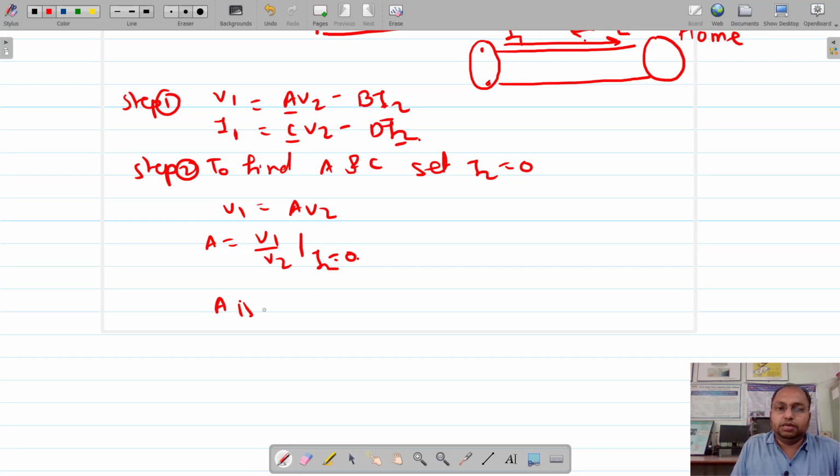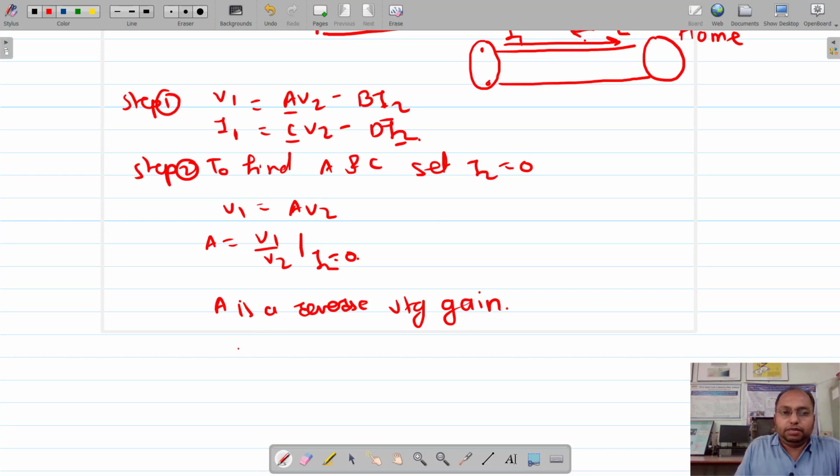So A is a reverse voltage gain. Right? Fine. What is C?